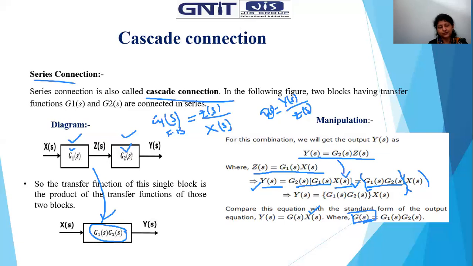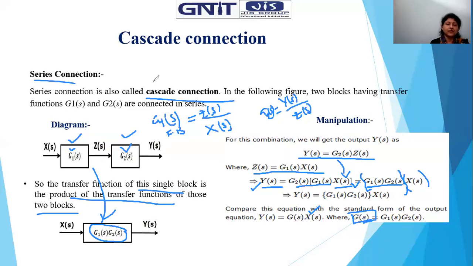So the transfer function of a single block is the product of the transfer functions of the individual blocks, right? This is the calculation behind that simplified, or better to say reduced, diagram.